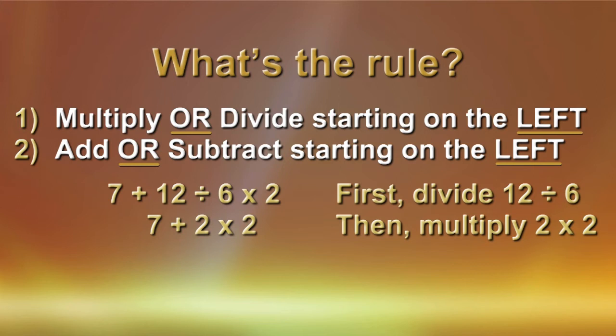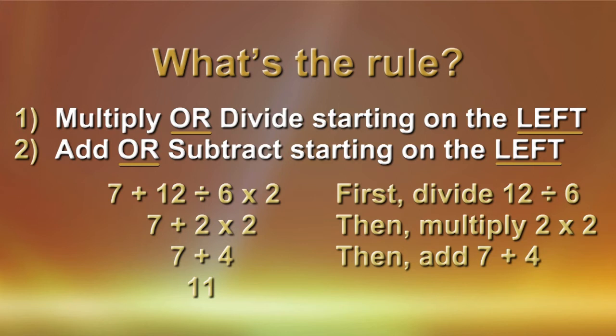So we're still on step 1. So we then multiply 2 times 2. And that gives us 4. We're finished with all the multiplying and dividing, so now we can go on to step 2, and that is to add or subtract. Well, we only have adding here, so we add the 7 plus 4, and that gives us 11.